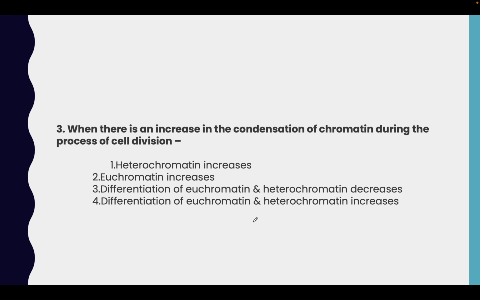And euchromatin is less condensed and it is generally where active genes are located. So here differentiation of euchromatin and heterochromatin decreases because it is saying that there is increase in the condensation of chromatin.